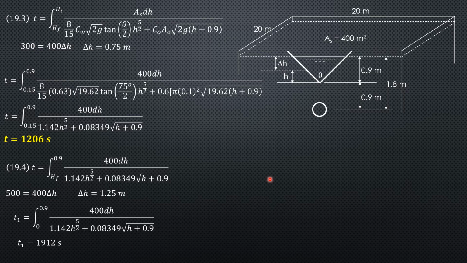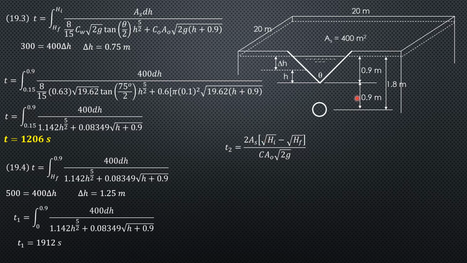For the second part, from this level at the apex, we extend 0.35, so that 0.9 plus 0.35 is 1.25, and only the orifice is open. So the formula for that is 2 area S times the square root of HI minus the square root of HF over the coefficient of discharge of the orifice, area of orifice, square root of 2g. That's the formula, right?